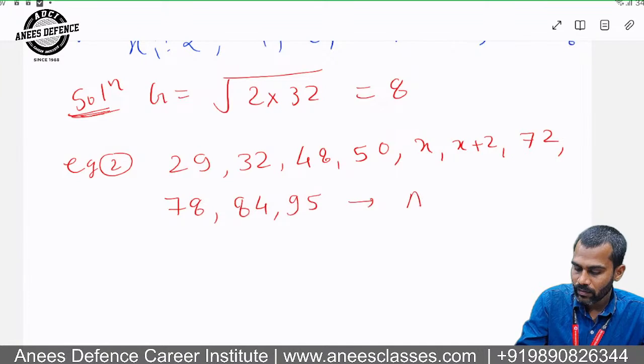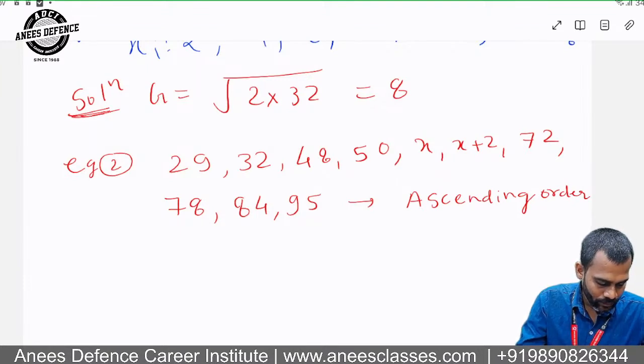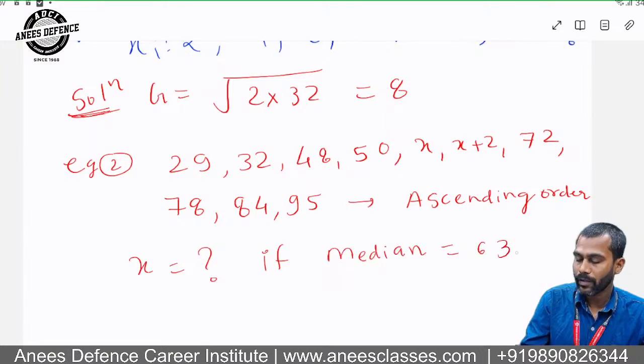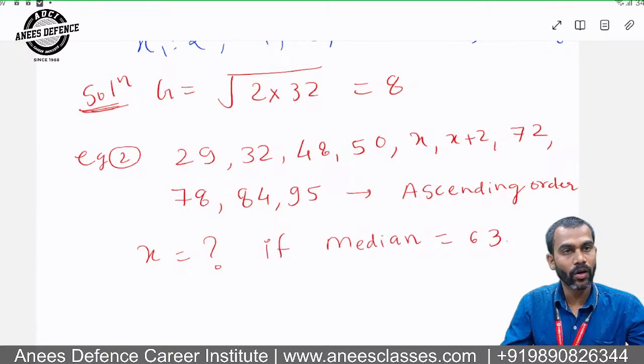They are in ascending order. Find out the value of x if the median is 63. If the median is 63, tell me. They are already in ascending order. You need to find out the value of x.